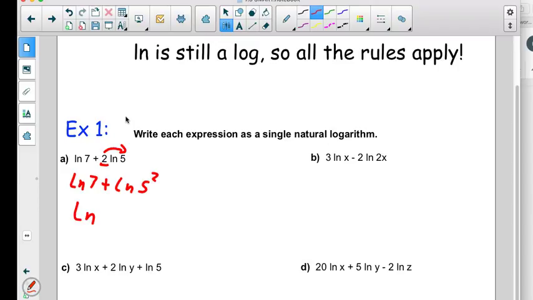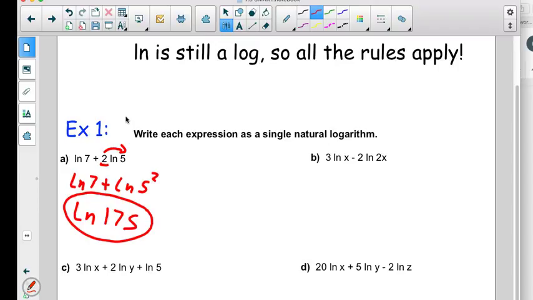Punch that in your calculator and tell me what you get. What did you say, Kim? 175. Can't take that any further, so that's our final answer right there. Because with our rules with logs, if you're adding in between, you just multiply the numbers together, or the variables.